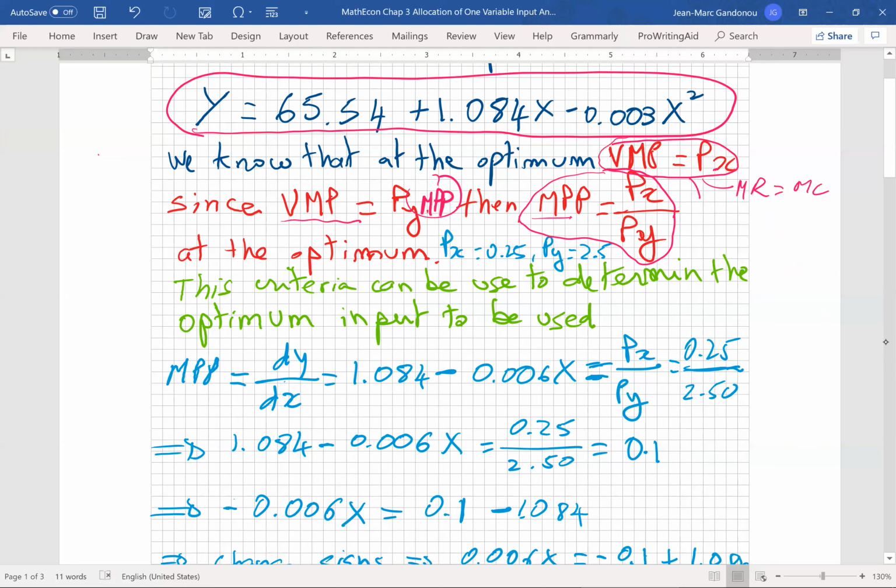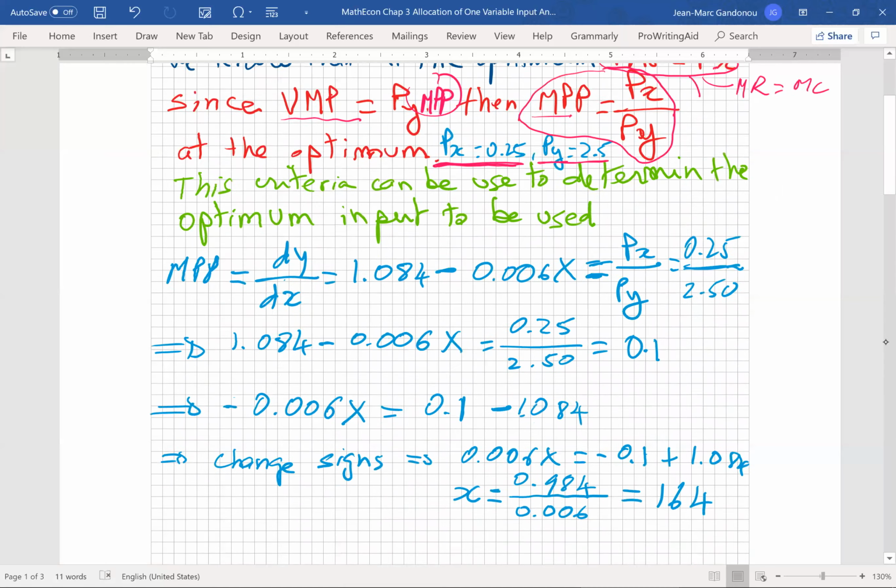So we are given two pieces of information. Okay, one is at optimum, the price of X is 0.25, and the price of Y is 2.5. And so that's information that we use to determine the optimum.